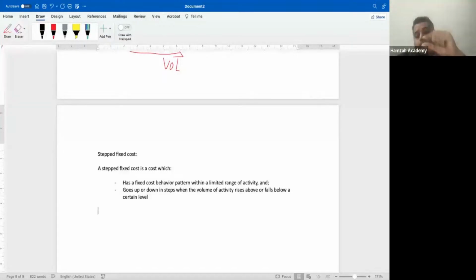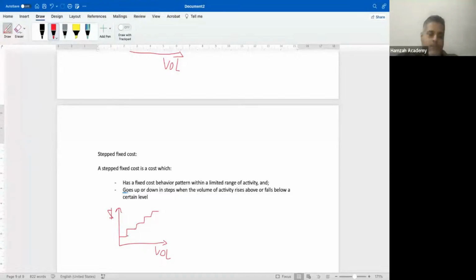Then it is again going to suddenly increase for the next range, and then it's going to remain fixed. Like for example, if I try to give you the graphical presentation, this is volume, and this is amount. So this.